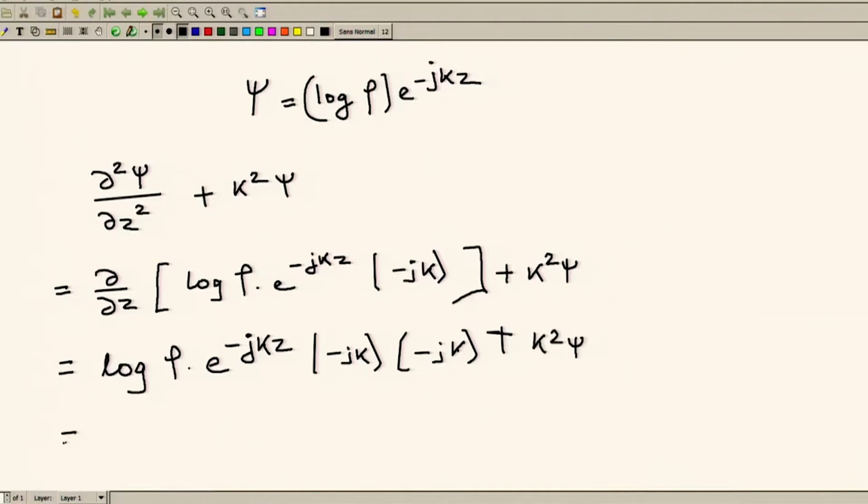So this is 0. Hence psi satisfies the scalar Helmholtz equation.